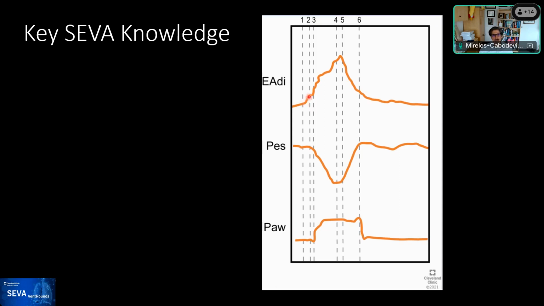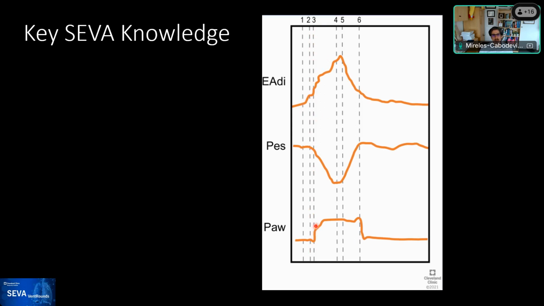Then you'll see the dashed line number 2. Dashed line number 2 is when the pressure starts dropping, which signals that the esophageal, the pleural pressure, is coming down. That tells us that the diaphragm is contracting. There's a little bit of a lag between the diaphragm receiving the signal and the pressure starting to drop. Finally, dashed line number 3 highlights the activation of the airway pressure when it starts going up.